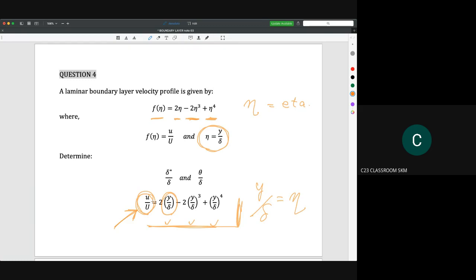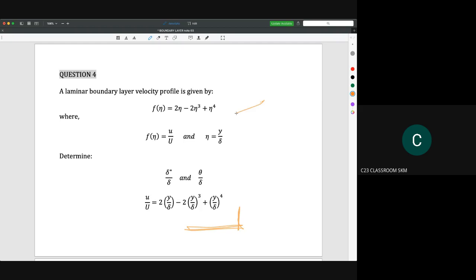When you use eta, you must make two assumptions: one is f(eta) is equal to u over U, and the other is eta is equal to y over delta. So if you have a question that shows the velocity distribution using eta, I hope you could answer it.